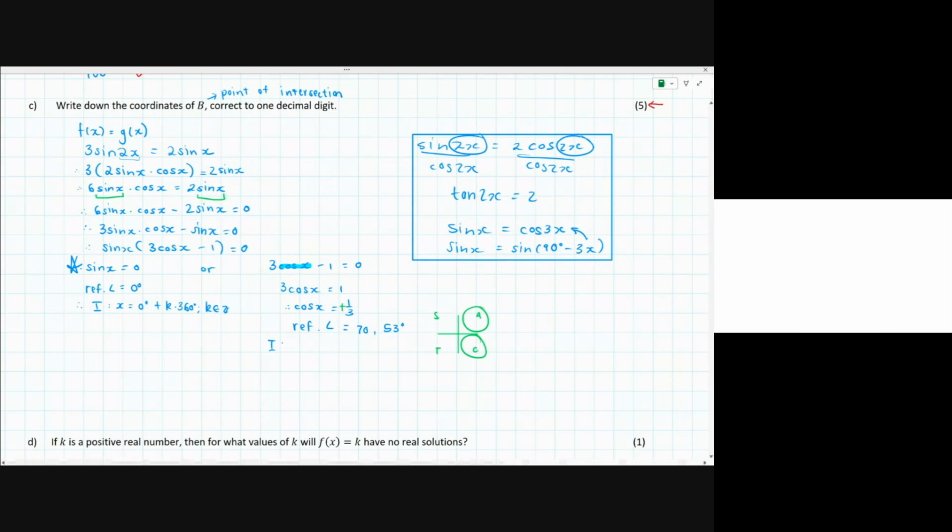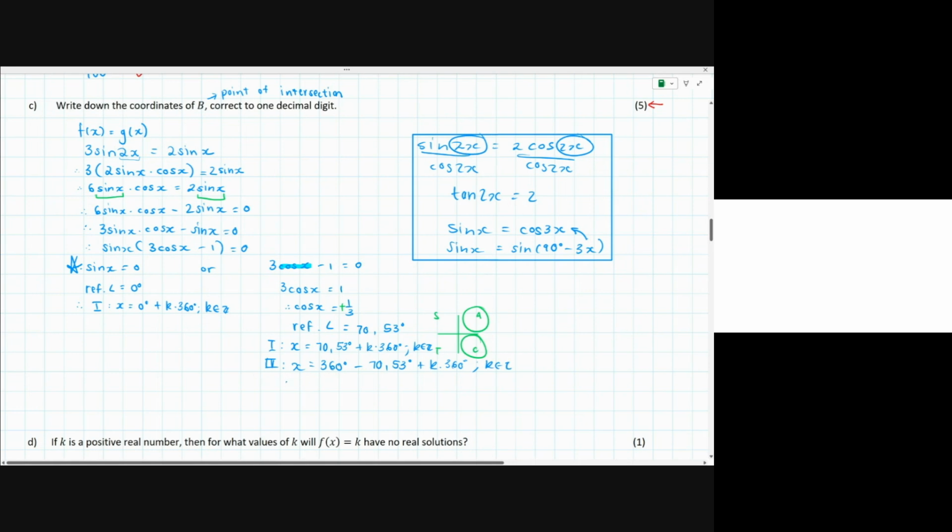So quadrant 1 solution, x equals just the angle 70,53 degrees plus k times 360, where k is an element of the integer number system. And for quadrant 4, we now apply our reduction. So in quadrant 4, our reduction is 360 minus our reference angle plus k times 360, all of that fun stuff.